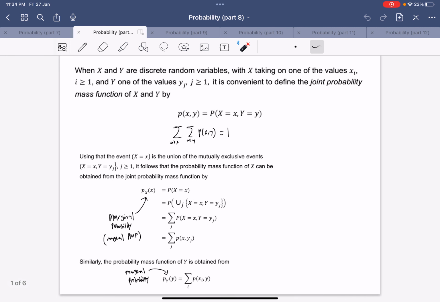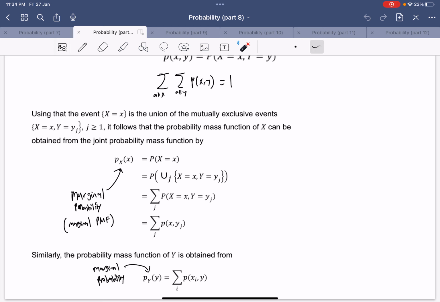Let's say we want to find the probability mass function of X only. We can obtain it from the joint probability mass function, but now we sum over all y so that you only get the probability of X occurring for a specific value of x.